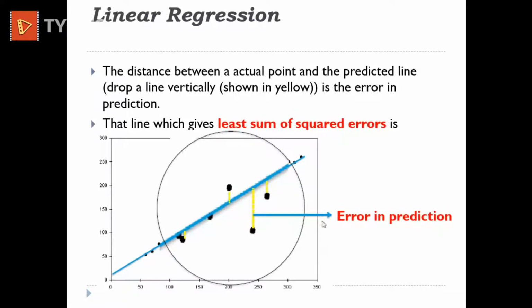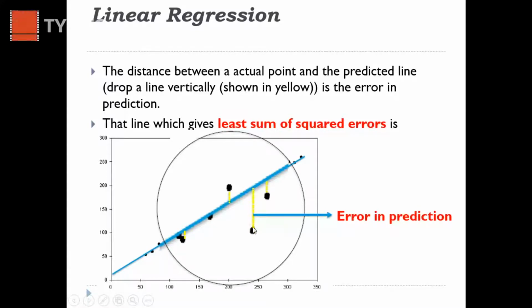What error basically is, is that the distance between the actual point and the point on the predicted line is the error in prediction. So what is this point? Suppose for a given point x, this is the actual value, and this is the prediction line for our model. So for a given data point x, this would be the actual value from the data set, and this would be the predicted value from our model.